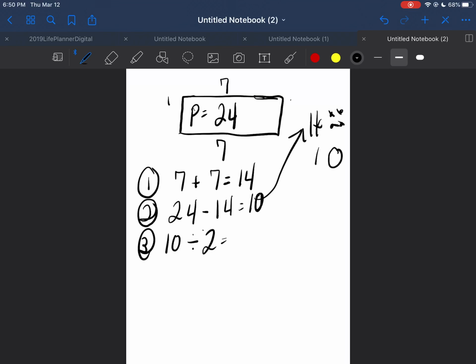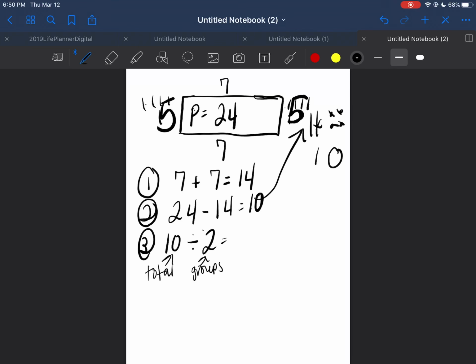Ready? 1, 2, 3, 4, 5, 6, 7, 8, 9, 10. 1, 2, 3, 4, 5. 1, 2, 3, 4, 5. Or you can draw equal groups. So we know that our total always comes first in division. So we have 10 things that we are sharing total, and our number of groups.